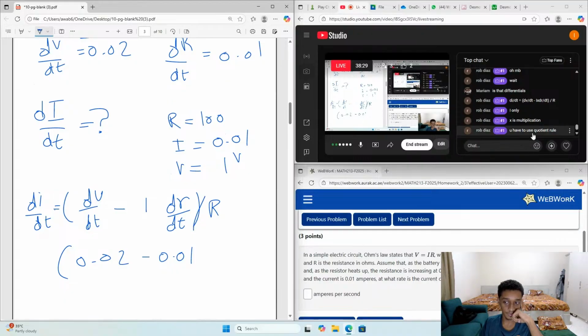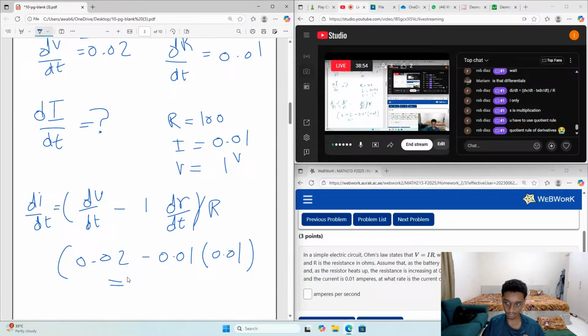For now, I'm gonna pretend like I know this rule, but 0.01, dr over dt is also 0.0. Okay, 0.02. I still have no idea.